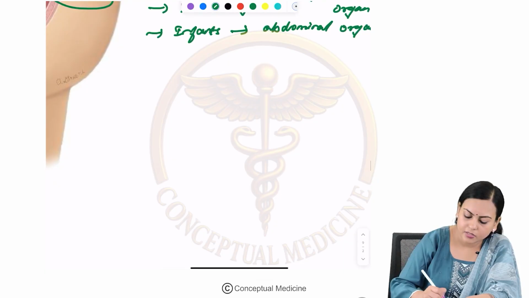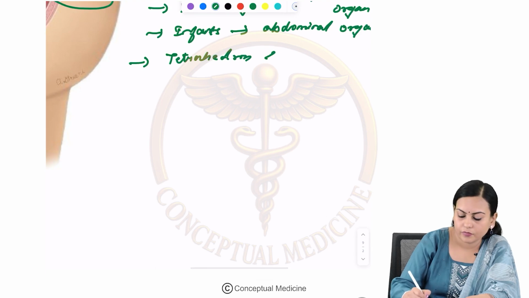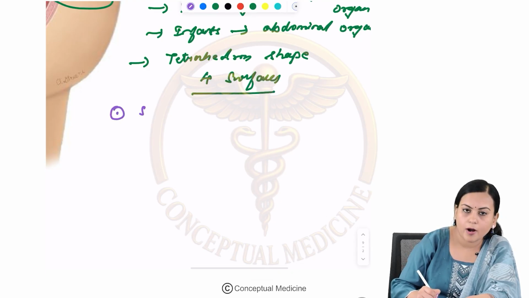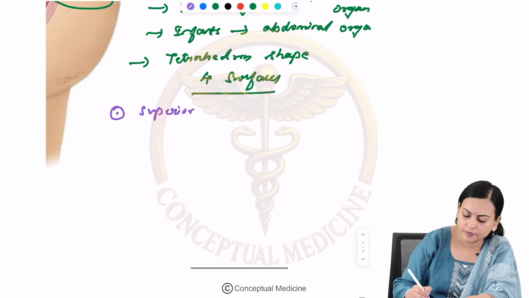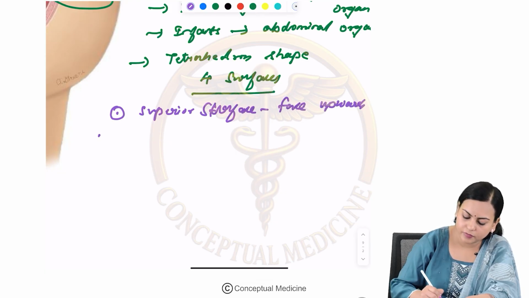If you see the structure of bladder, it is a tetrahedron shape. You have 4 surfaces, namely, one is the superior surface, which faces upwards.